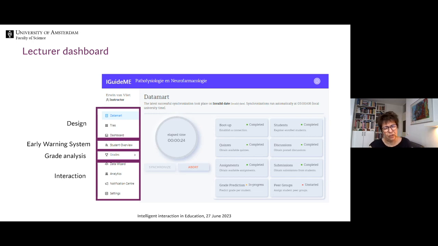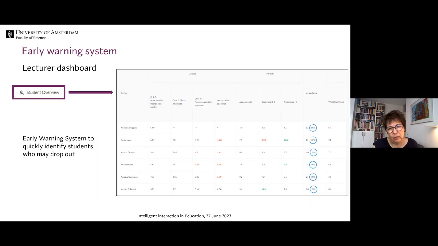The notification center we connected with the Canvas notification tools. Here is how Ervin could see that Saskia has a problem. If you remember what I said at the beginning, you can see how students are doing, and with these numbers in red, you can see which students need more attention and which students are just doing fine, and you can concentrate on other things.